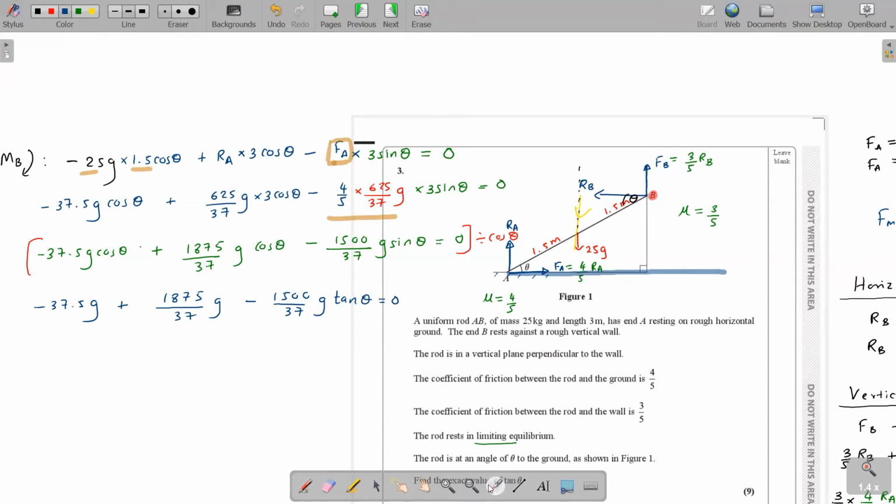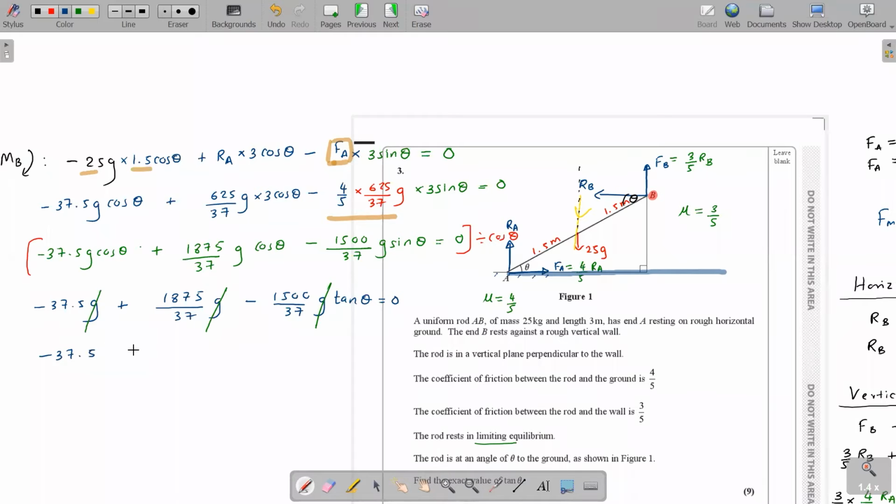Do you follow what I just did here? I divided the entire equation by cos theta. The cos terms cancel, but the sine divided by cos gives a tan. And each and every term here has a G, which means I can remove the G, or in other words, divide the whole equation by G. And that's gone. Then what's remaining here?